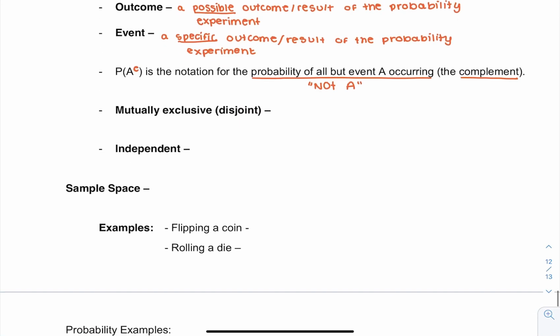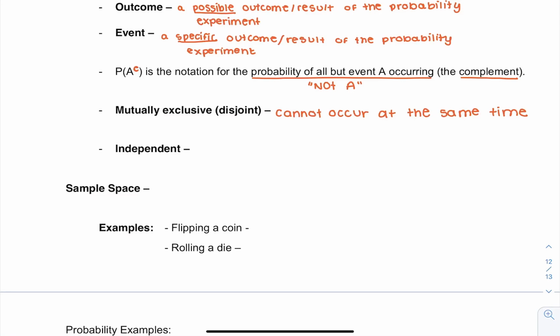All right, we have a few more words and then we'll get into some examples where this might make a little more sense. Now we have something called mutually exclusive, or we call this disjoint. This is two events that cannot occur at the same time. If I'm flipping a coin, heads and tails are mutually exclusive, or disjoint, because I can't flip and get heads and tails on the same turn.